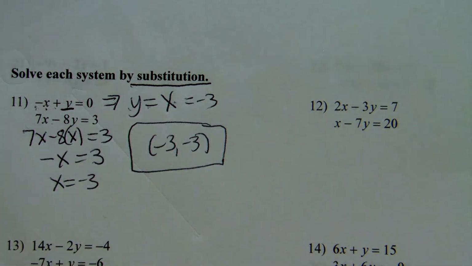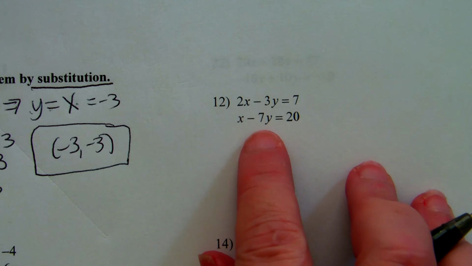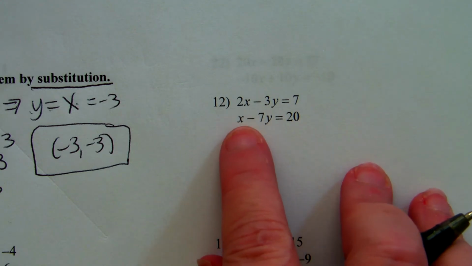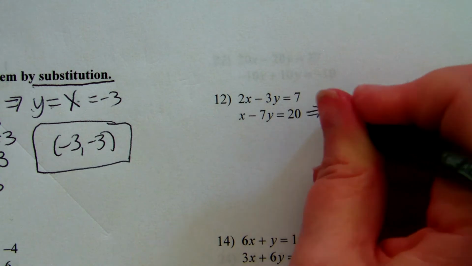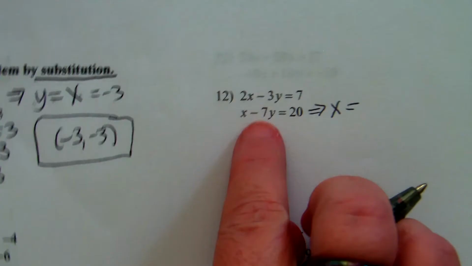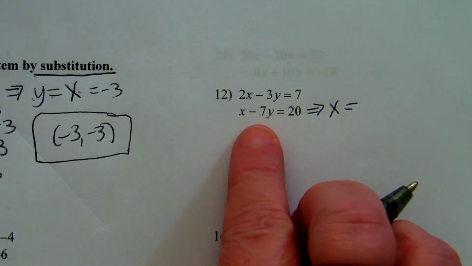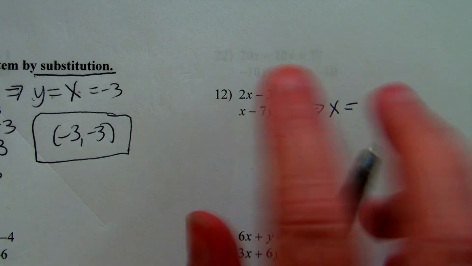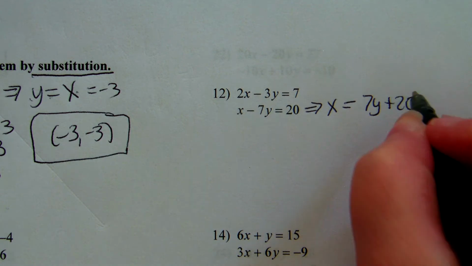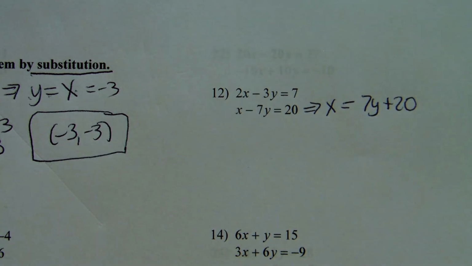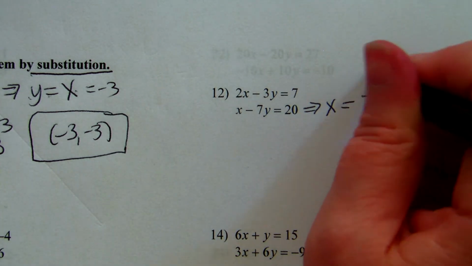It works. So for number 12, we're going to use the bottom equation, and we're going to do x equals what? 7y plus 20, because that's the variable that has the 1 for the coefficient, and then we'll substitute it up into here.